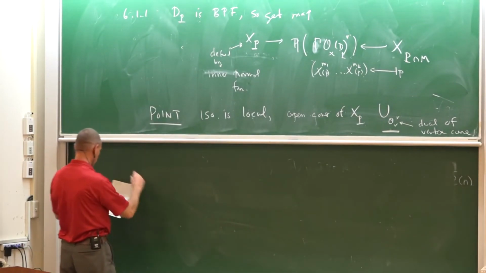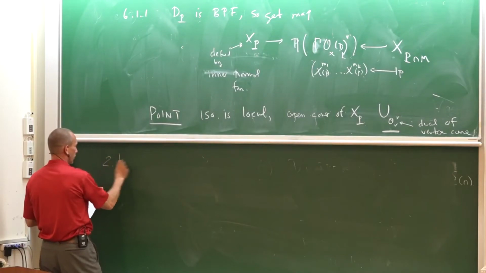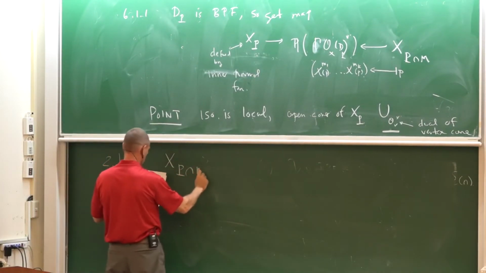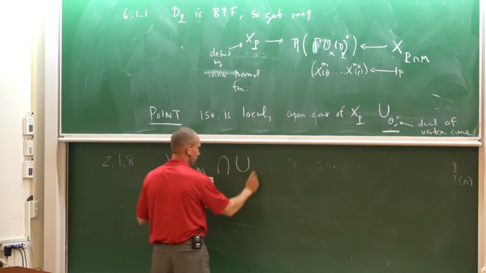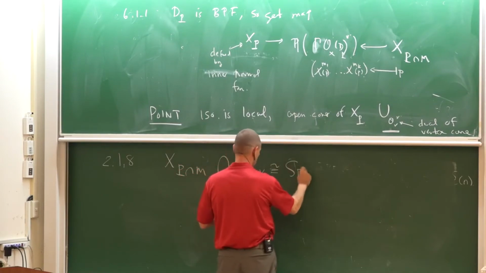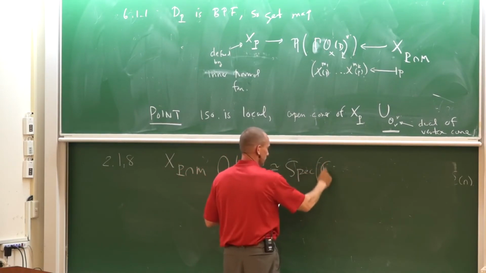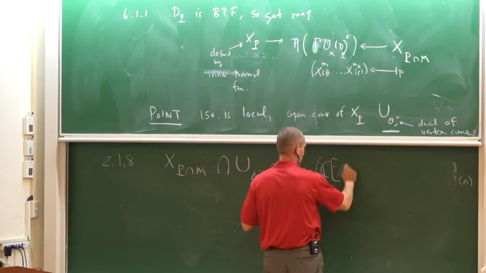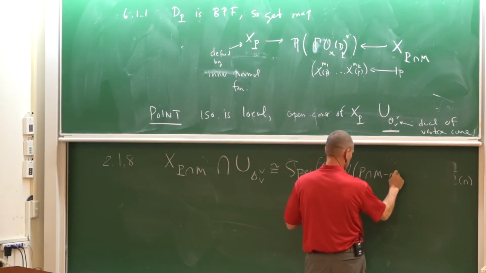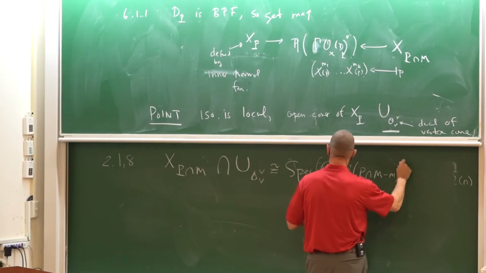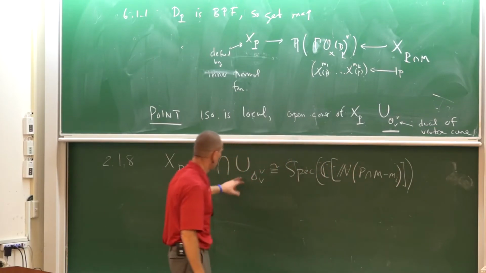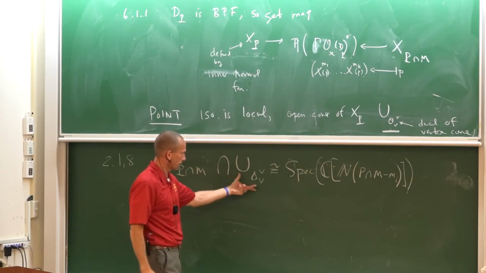And so the point was that we know, by 2.1.8, that X sub P intersect M intersect U sigma v check is just equal to Spec of C of N(P ∩ M minus m sub v). So this was what X looked like on this local patch.